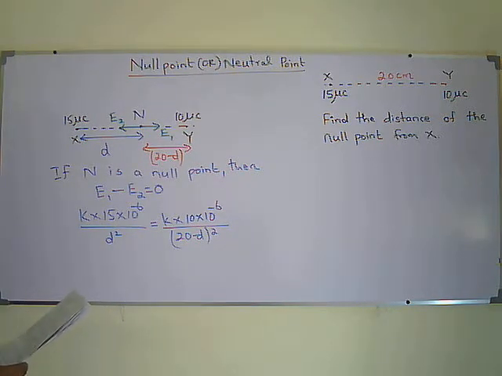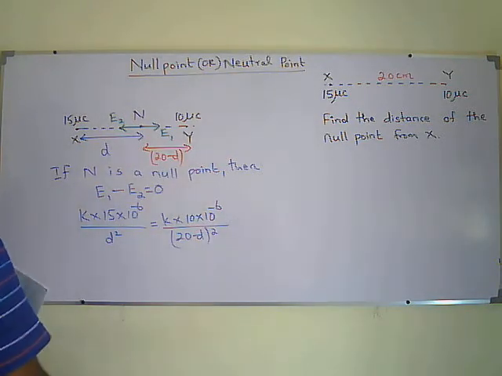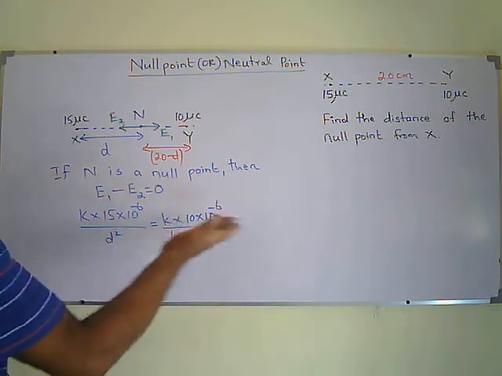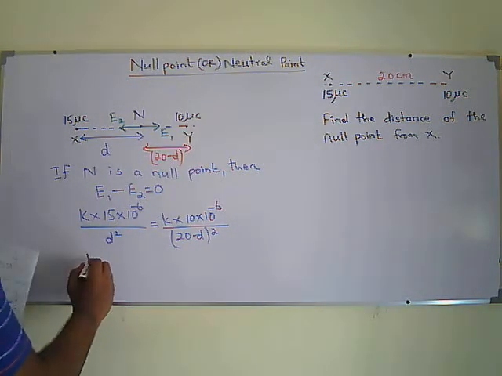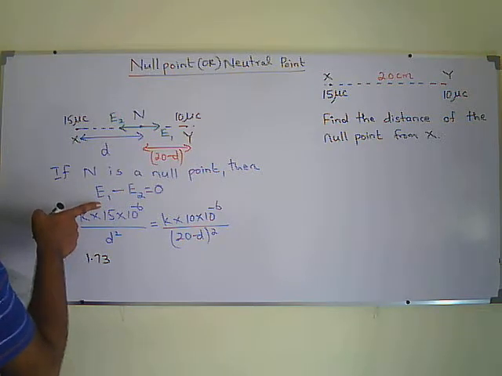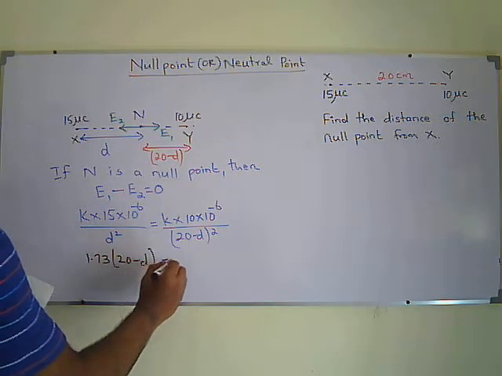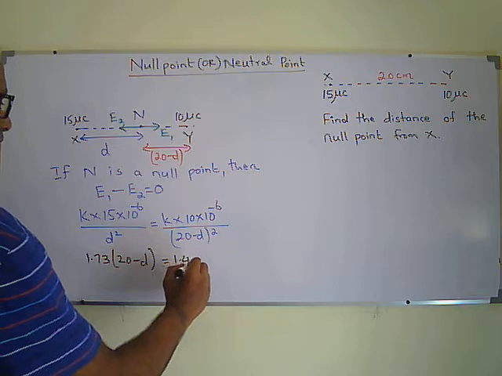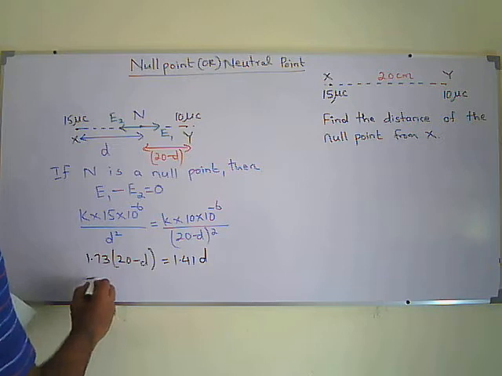When you take the square root on both sides, you will get something like 1.73, which is the square root of 3. Cross multiply and take the square root: 20 minus d equals the square root of 2, which is 1.41, into the square root of d squared, which is d. Then solve it, and you will get the answer.